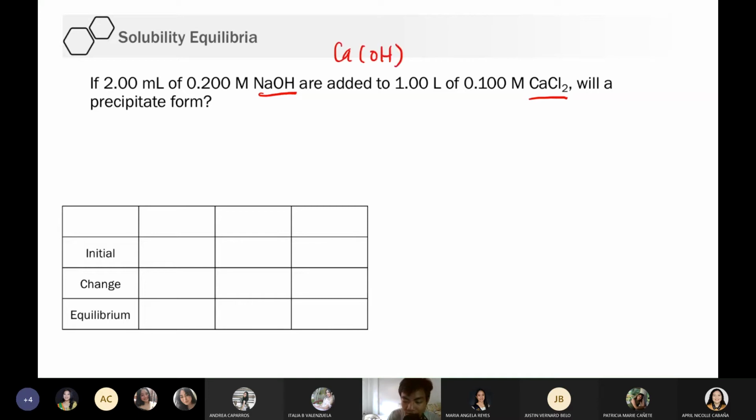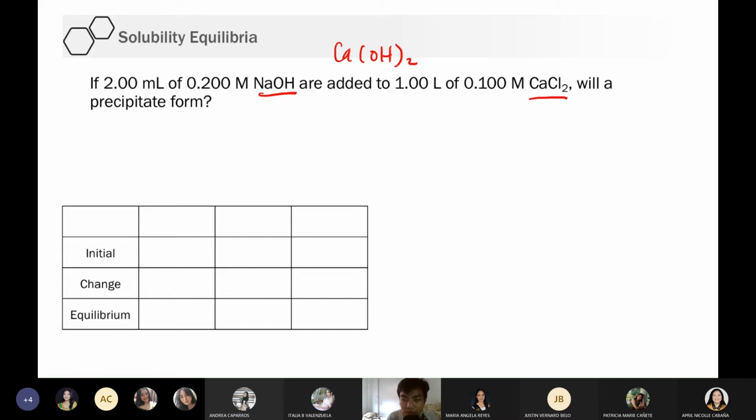Calcium hydroxide. So, pwede natin mabuo yung calcium hydroxide from the two mixture. Remember yung rules for hydroxide? Ano sabi doon? Sabi sa solubility rules, hydroxides are soluble unless paired with ano?